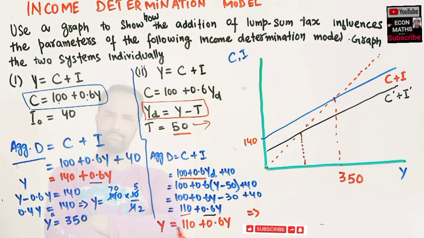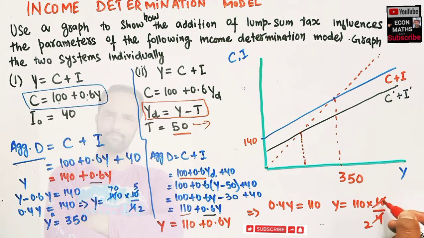So we have Y minus 0.6Y, that is 0.4Y, equal to 110, or Y is equal to 110 into, when I transpose it, 10 upon 4. 2 2s are 4, 2 5s are 10, we are left with 1. 5 5s are 25, 26, 27. So we got 275.